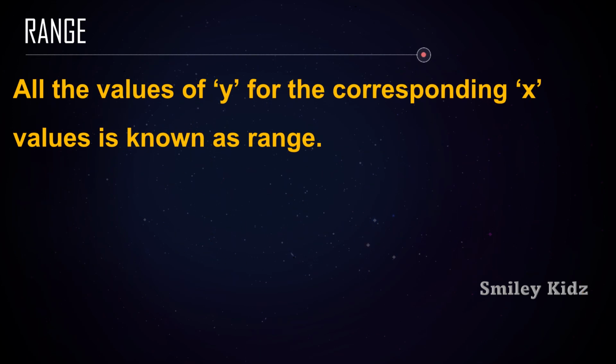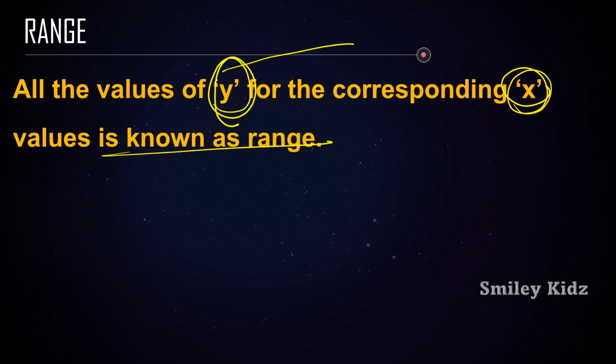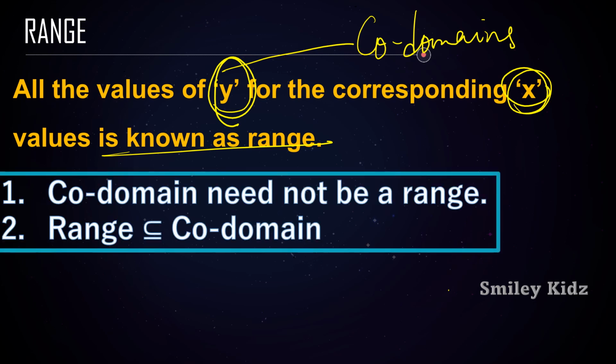Let us put down this definition. All the values of y for the corresponding x values is known as range. Your y values are nothing but codomain values. Okay. Now here we have two quick properties that you need to know. Every codomain need not be a range, as we have seen previously in the second example that codomain was not equal to a range, right?